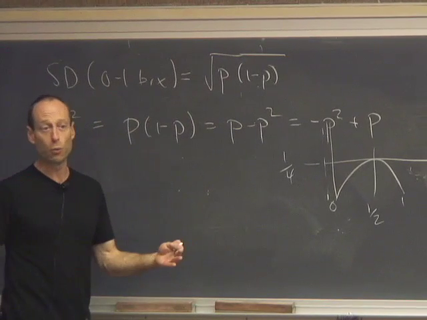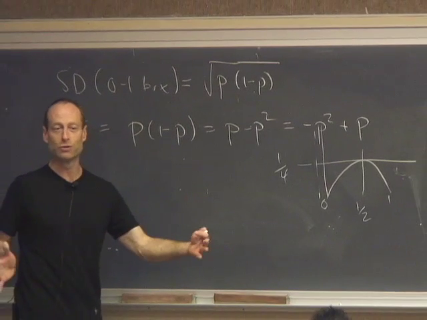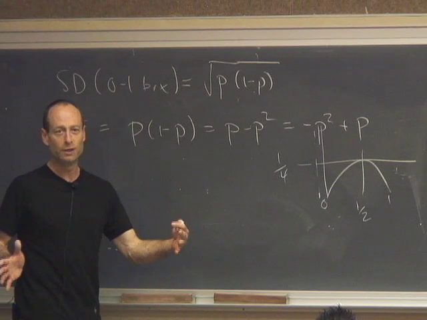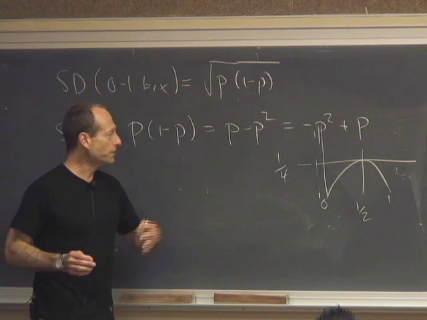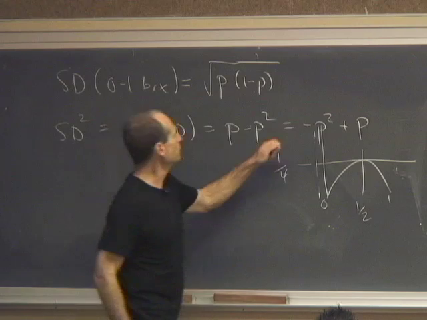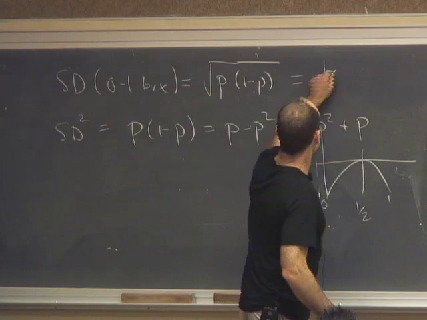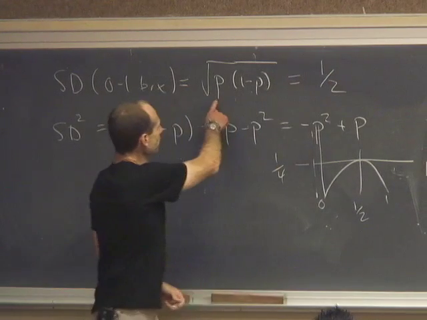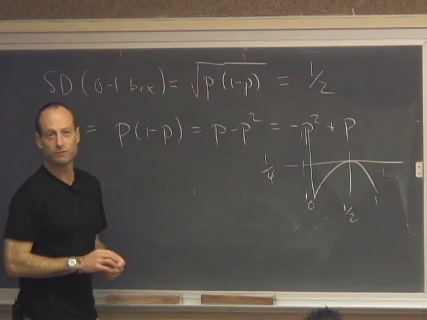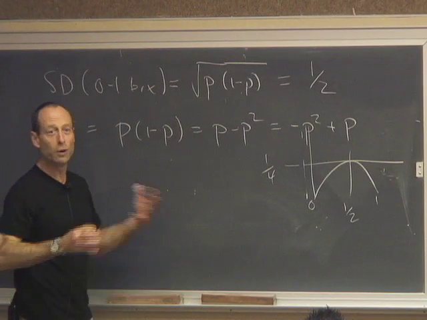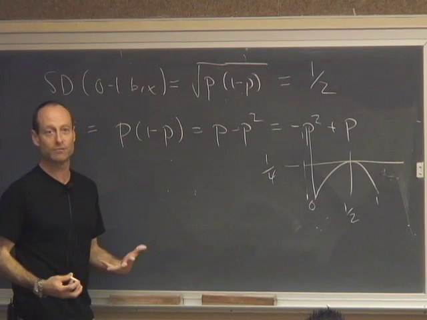The box could contain all 1s or all 0s, in which case the SD of the box is 0. The SD of the box could be bigger than 0, but the biggest it could be is 1/2, which is what you get if you plug in 1/2 here. You get the square root of a quarter, which is 1/2. So we don't know what it is, but it can't be bigger than 1/2.